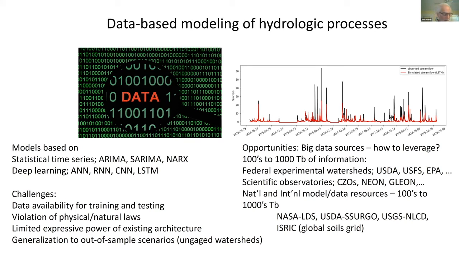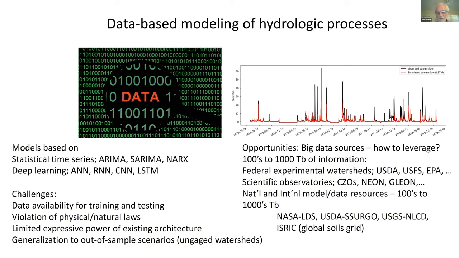Some opportunities that I want to mention here, and we've listed these to kind of excite the data scientists because of the massive amounts of data that are available. There's hundreds to maybe thousands of terabytes of data that are available. And I list here some of the sources of data that are either federal or state programs for experimental watersheds. There's scientific observatories, CZOs, NEON, GLEON, national and international data sources, and so forth.